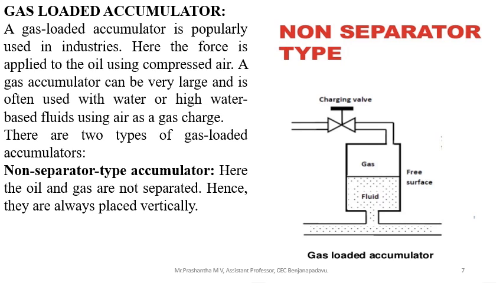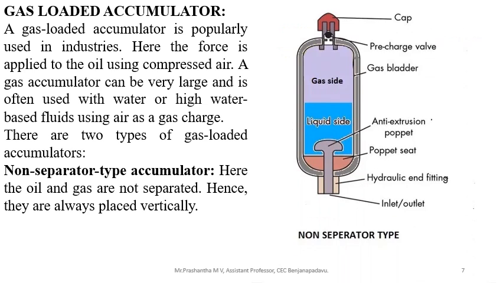In this type, the gas which provides the load is in direct contact with the hydraulic fluid. In this case, oil and gas are not separated, hence they are always placed in a vertical position, and there is direct contact between oil and gas. Hence it is a non-separator type accumulator.